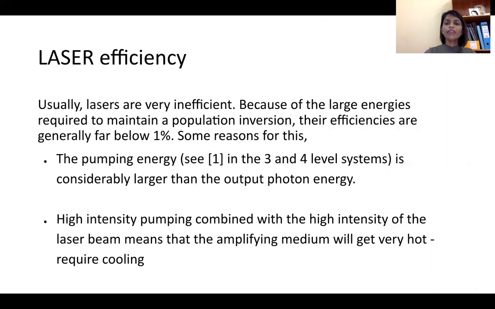Okay, then we have the laser efficiency. Usually lasers are inefficient because large energies are required first to pump electrons from the ground state to a very high energy level.